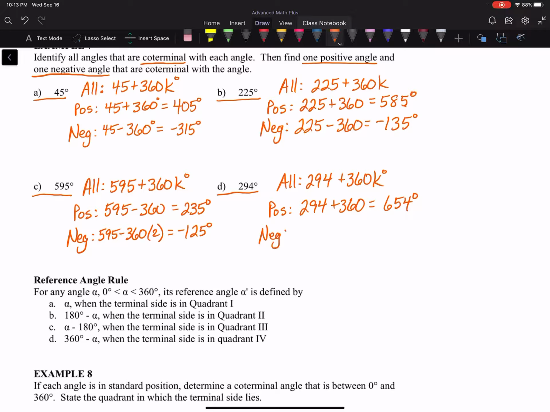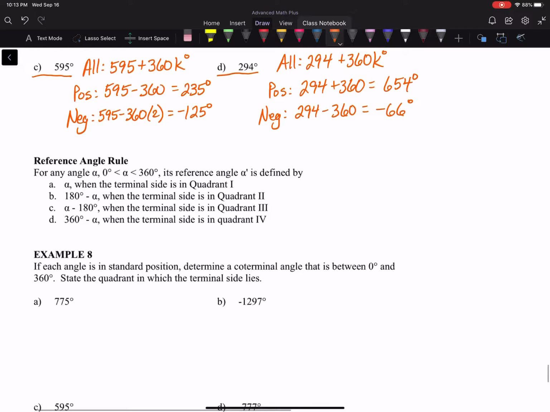A negative angle would be 294 minus 360, and that would be negative 66 degrees. So again, those are all just examples of how to find all the coterminal angles, a positive coterminal angle and a negative coterminal angle.